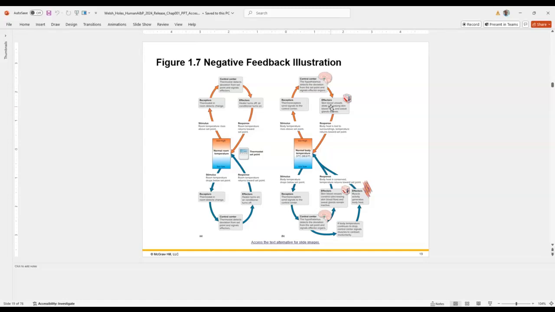It sends out information to effectors. Those are the things that are going to make a change. Okay, in your home, the heater turns off or turns on, or the air conditioner turns on or off. Again, in this example, we're saying temperature is too high, so it's going to turn air on and heat off. In your body, skin blood vessels will dilate, which helps let the heat off, and you sweat more.